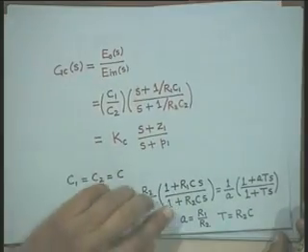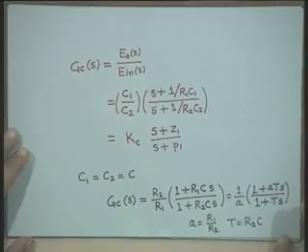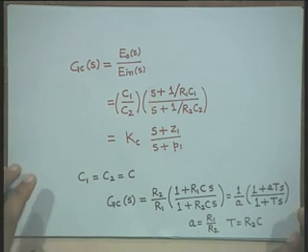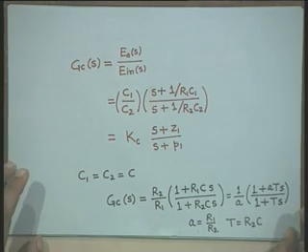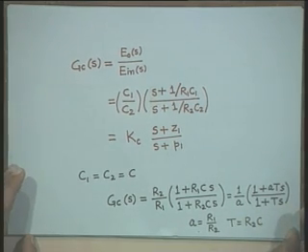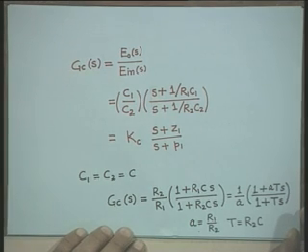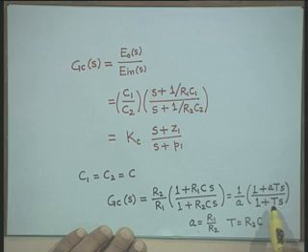If you look at this transfer function, this portion represents T1 and this represents T2, and we want a phase lead compensator.